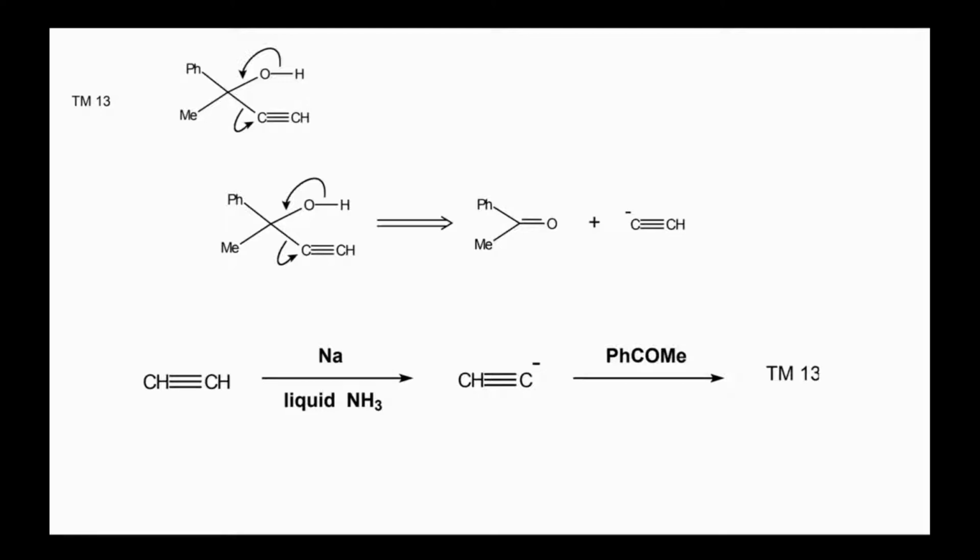That negative charge will act as a nucleophile, and in this way you can make the C-C bond connection, not disconnection but connection. So this negative charge will attack the carbon of the ketone and then you will have a bond between carbon and carbon, and this is how you can prepare carbon-carbon bond formation starting from alkynes and using ketones. Then you will get the tertiary alcohols.